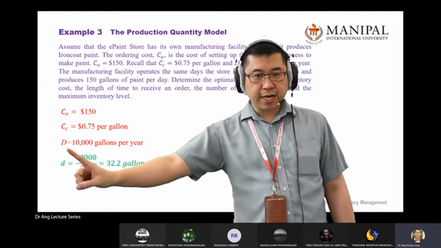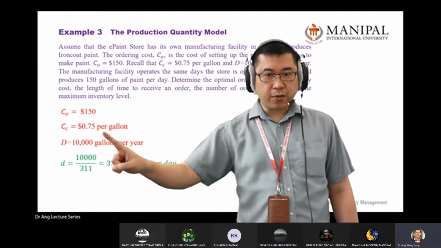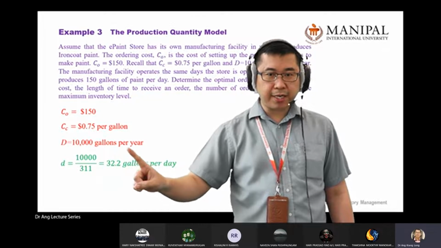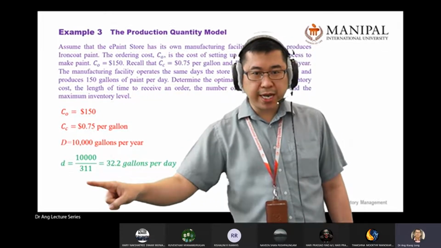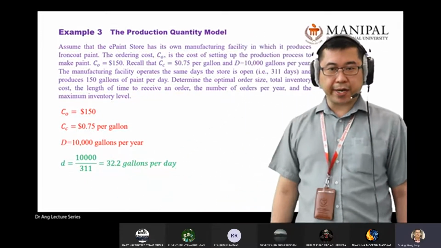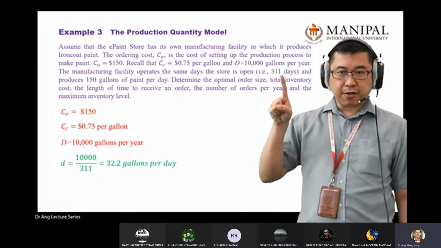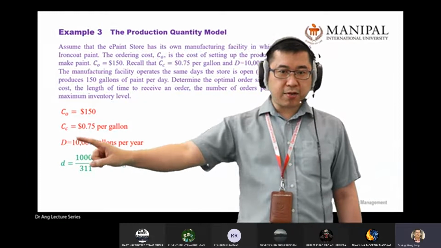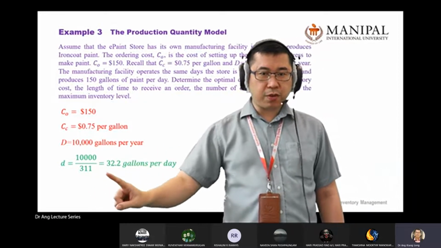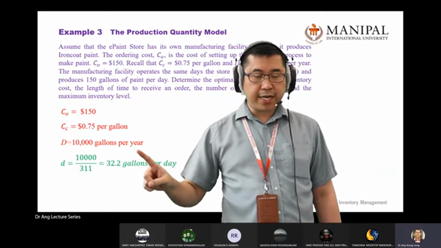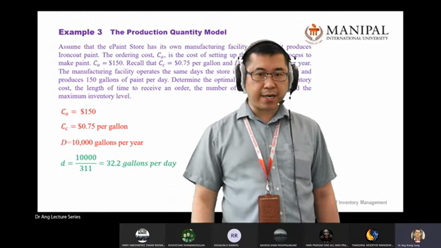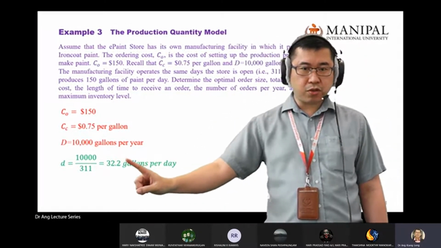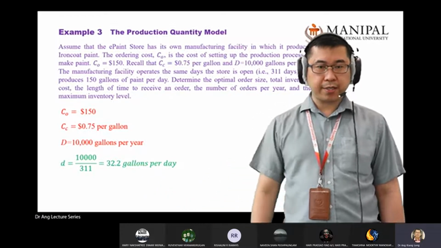So that's why how you find the small d, you take the capital D, which is 10,000 gallon per year, divided by how many days your factory operates. In this case, the operational days is 311 days. You take 10,000 divided by 311, so you manage to find the demand per day. So 32.2 gallon per day.